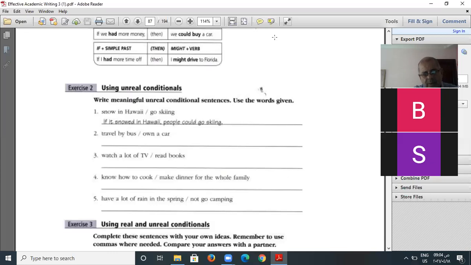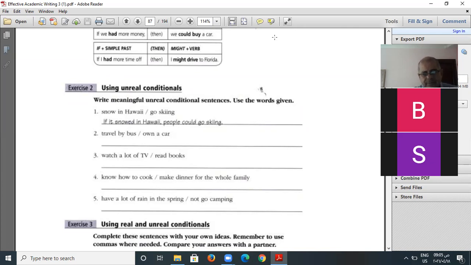So we say, if people didn't watch a lot of TV, using the past, comma, they would read books. The second way, they would read books if they didn't watch a lot of TV. Because here we have simple past, and here too we have simple past, and in the main clause the past form of will, would.